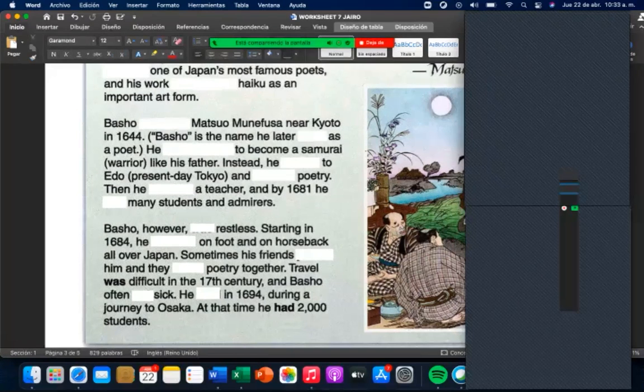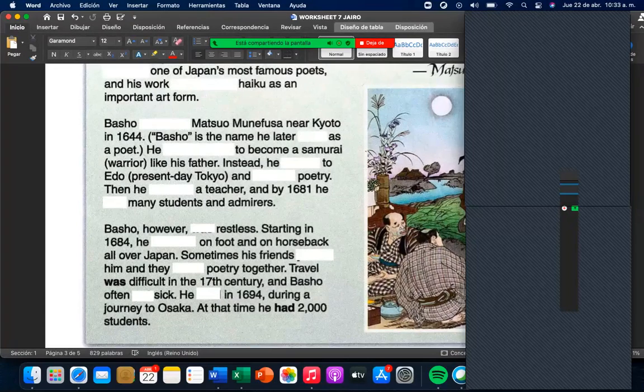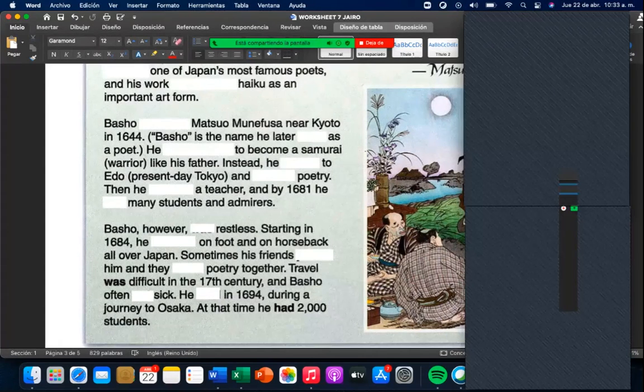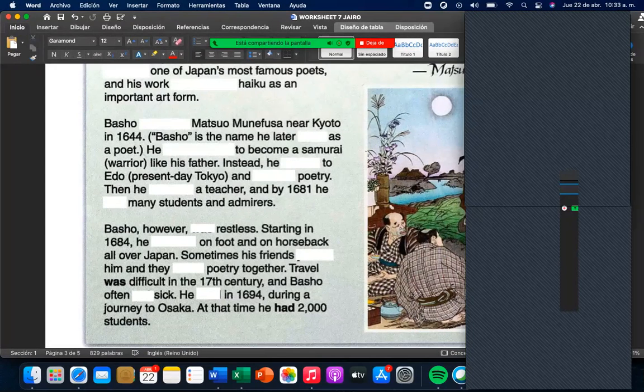Él fue nacido. Si hiciéramos una traducción literal, él fue nacido, lo cual no tiene sentido en español. Simplemente decimos él nació, ¿cierto? Pero en inglés sí hay que ponerle ese verbo to be al verbo born. He was born in Matsuo Munefusa, or he was born Matsuo Munefusa near Kyoto in 1644, ¿ok? Entonces esa es como la explicación de esa línea.